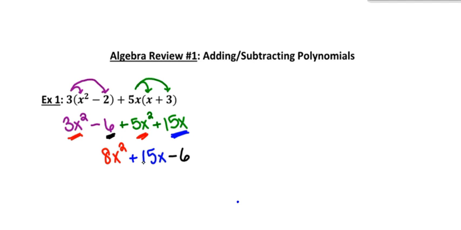Notice that I write this polynomial in standard form, meaning that the exponent with the highest value of 2 comes first, the exponent with the second highest value of 1 comes second, and that numeric term, that negative 6 or that constant, comes at the very end. And at this point, there are no more like terms to combine, so I know that I'm done.